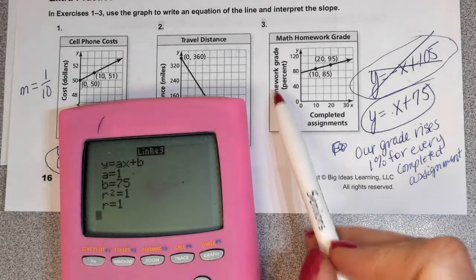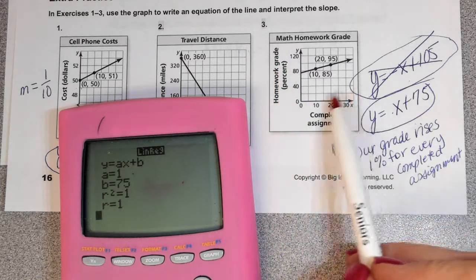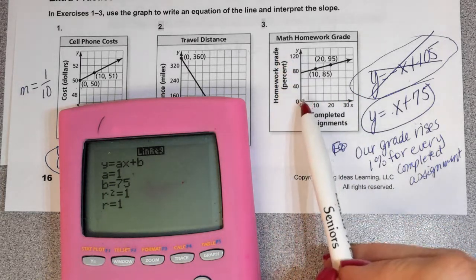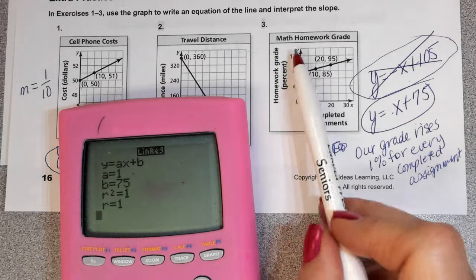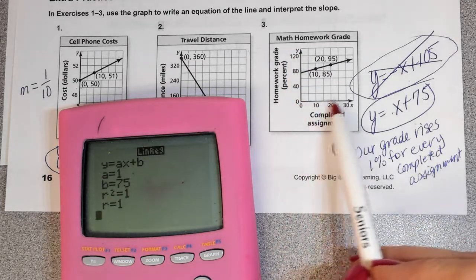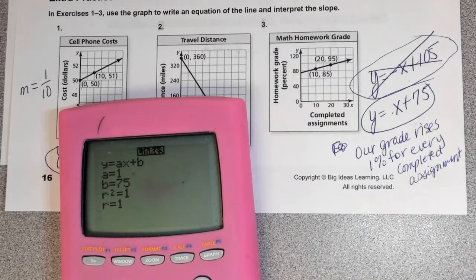So I'm looking here. I know that this has to be the y and this is the x. So for every, we go up 1% for every one completed assignment.